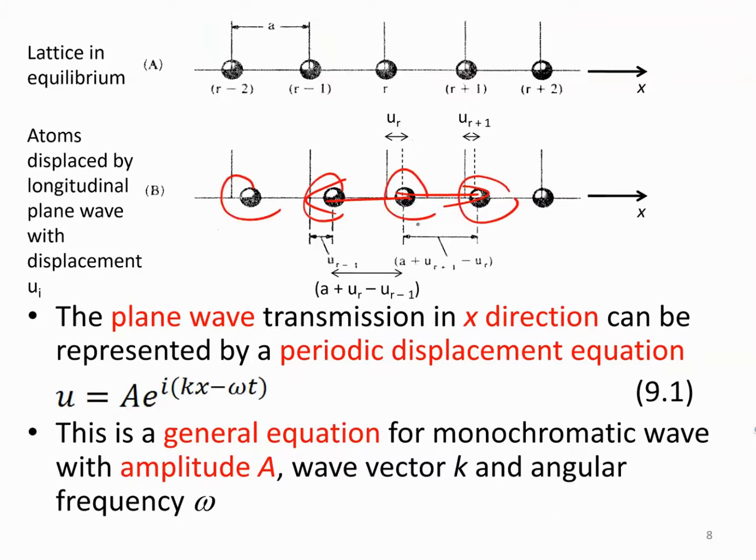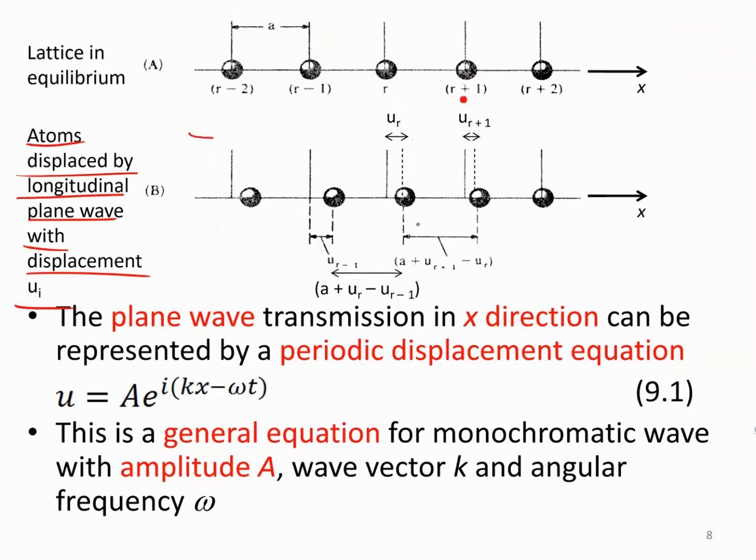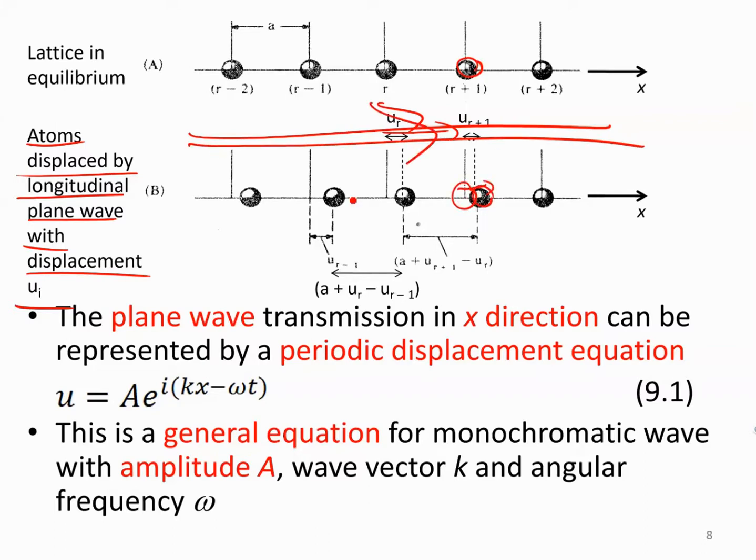Now the atom is displaced by a longitudinal plane wave with displacement UI. The wave is along this direction. It moves the atom, you see this atom R+1, from this position to this position by the wave transmission.